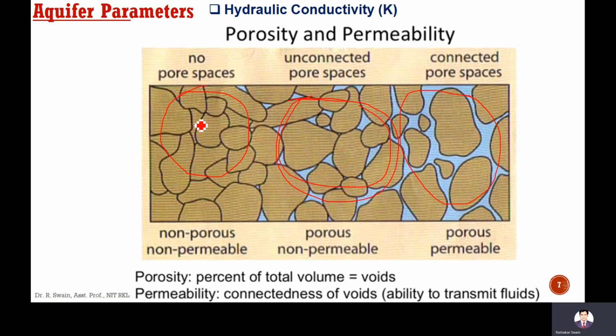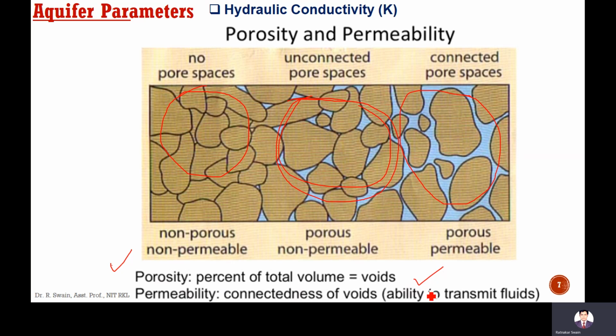So the left side is non-porous, non-permeable, the middle portion is porous, non-permeable, and the right portion is porous, permeable. Porosity means the percent of voids in the total volume of the soil. Permeability means connectedness of voids, or ability to transmit fluids.